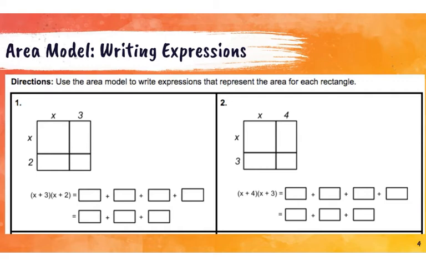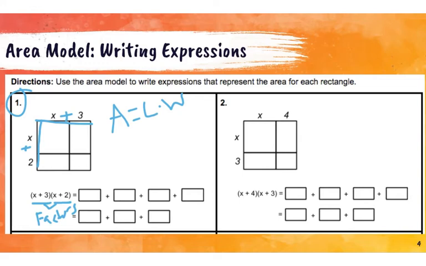For number 1, I look and see that I've got 2 factors. One is x plus 3, that's the length of this side. The other factor is x plus 2, that's the length of this side. Remember, the area is length times width. So x plus 3 times x plus 2 is the area.